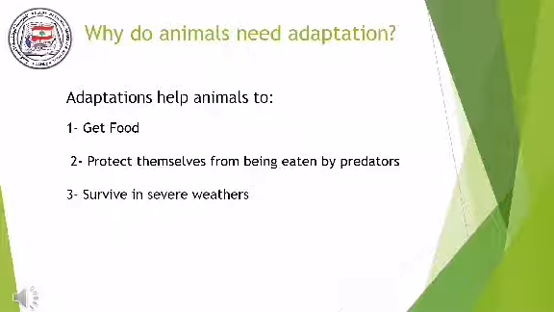Why do animals need adaptation? This is a very important question in order to understand better what adaptation is. So adaptations help animals to get food, protect themselves from being eaten by predators, and to survive in severe weathers.